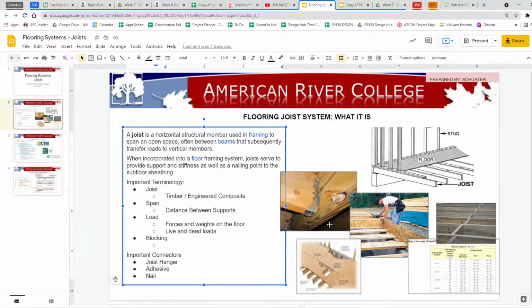That's a big thick one, and that beam might be supported by columns, right, pier and post. And so sometimes the easiest way to build it is you just put a big 2x8 along there, and you just use joist hangers to hang all of your joists.